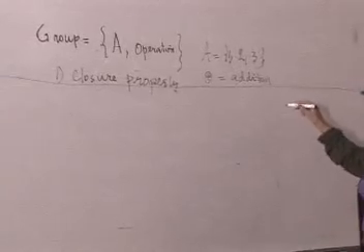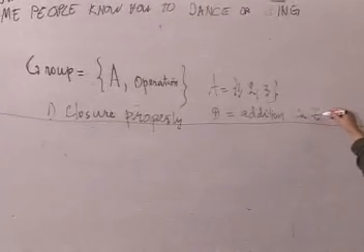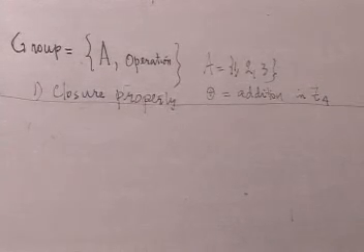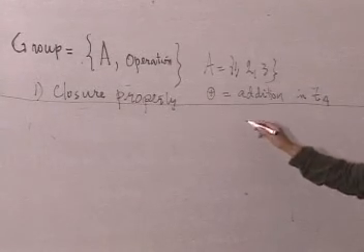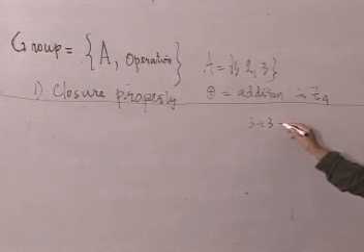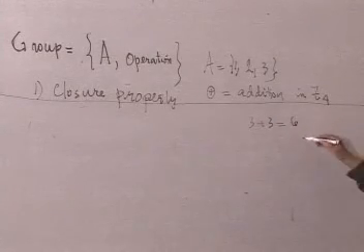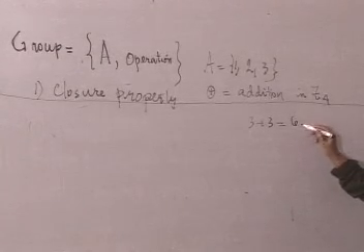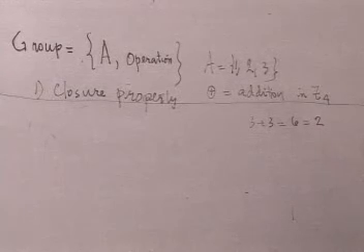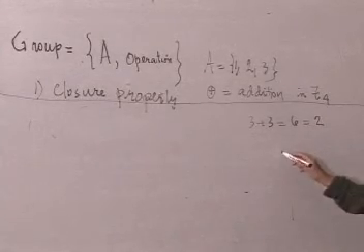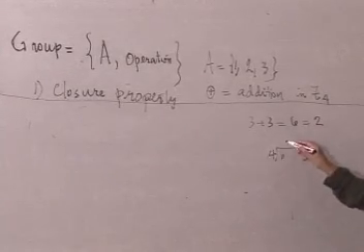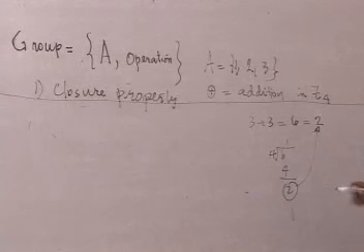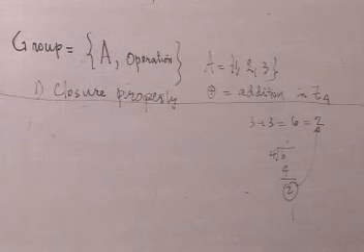Modulo 4. Addition in Z4. What do we mean by Z4, modulo 4? If we add any two numbers, for instance, 3 plus 3, that is 6, greater than 4, so we just divide 6 by 4 and take the remainder. So it's not 6, but it should be 2. You divide 6 by 4, the remainder is 2. So that is the result. Or you just subtract 4 repeatedly.